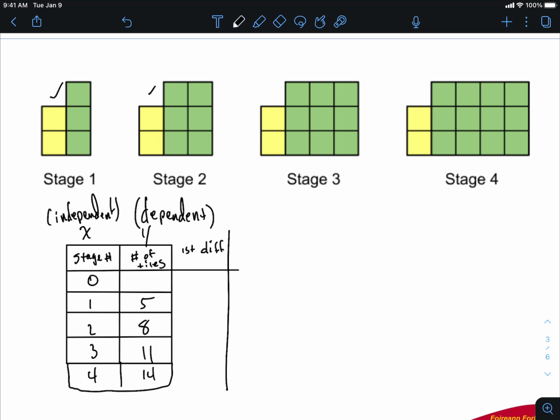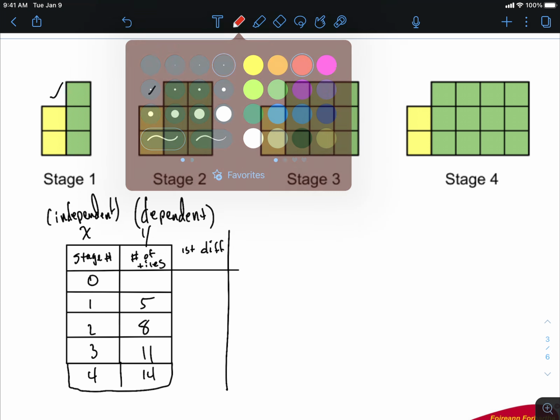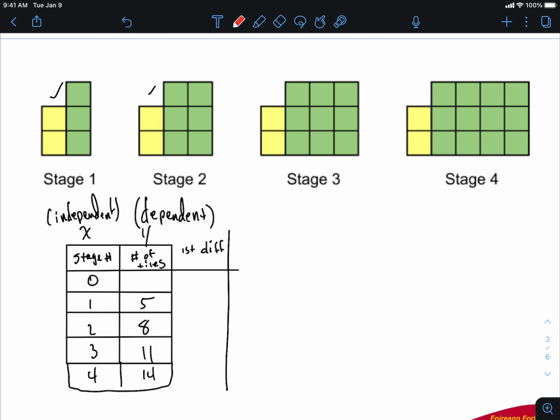So I see the first difference here, and we're talking about how do I get from stage 3 to stage 4, and from 2 to 3 and 1 to 2. It looks like I'm adding 3 each time. Because these all match, the first differences are the same, I know that this pattern is linear.